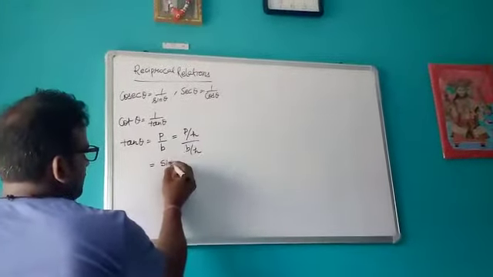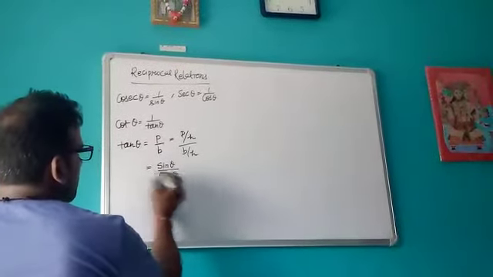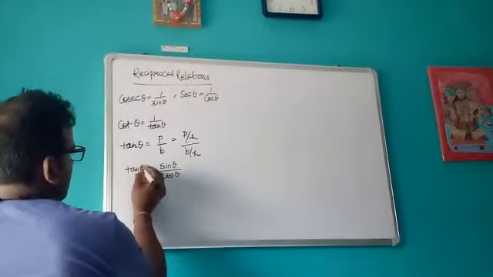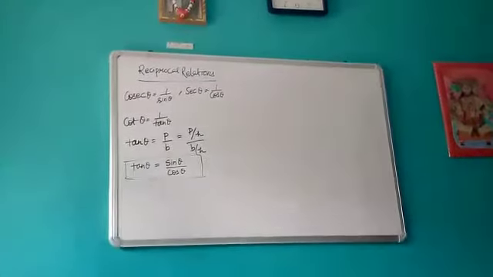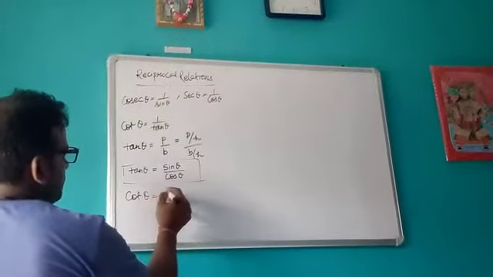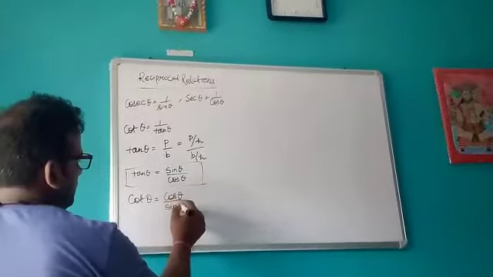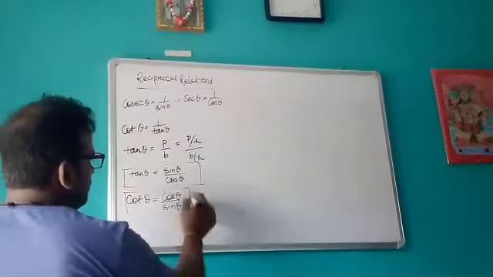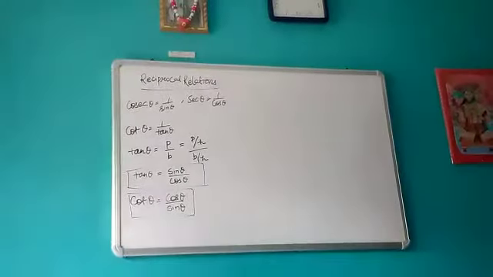That was sine theta, and what was B upon H? That was cos theta. That means we can write tan theta is equal to sine theta upon cos theta. One more useful relation. Then what is the value of cot theta? So cot theta becomes cos theta upon sine theta. Okay, so these are a few relations which are useful for you whenever you solve the questions of trigonometry.